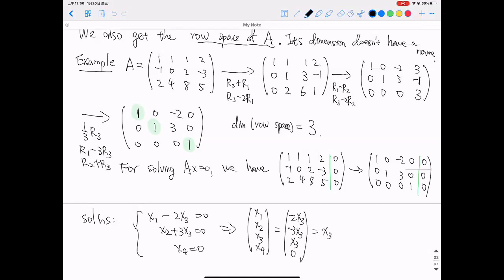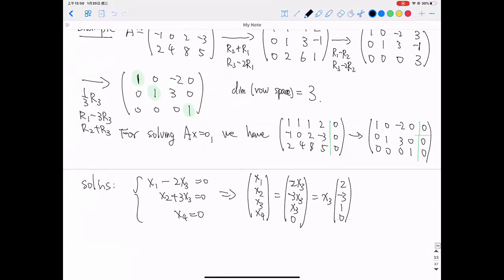So that's x3 times 2, negative 3, 1, 0. Okay, so this is the vector form of solutions. You can certainly see that it has infinitely many solutions with one free variable. So the null space, in fact, has the following description. It's the span of a single vector. So the dimension of the null space is thus 1. Okay.